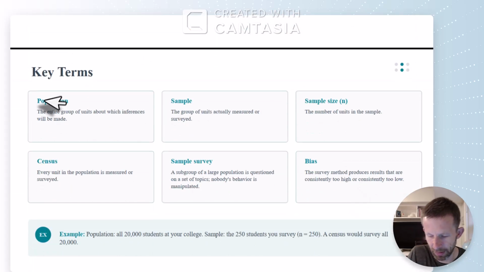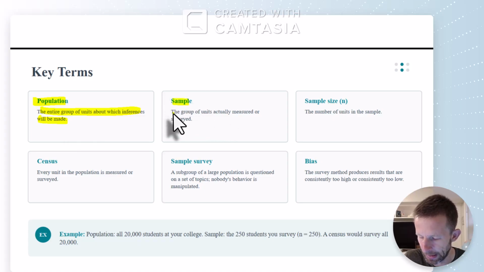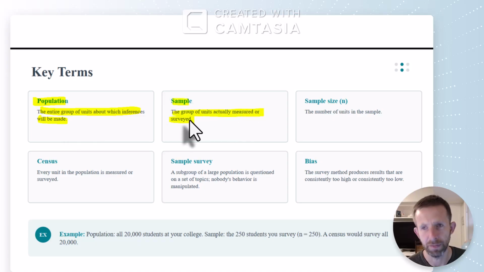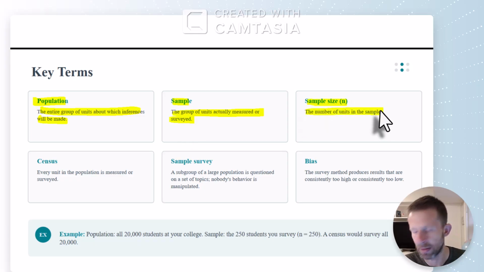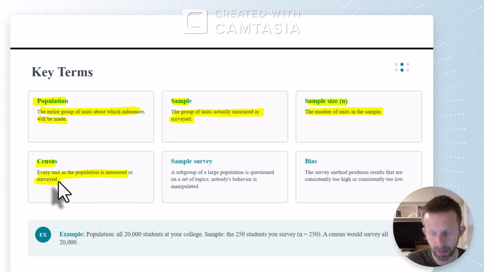Key terms. Population is an entire group of people or an entire group of units. A population could be, for example, a population of trees. It doesn't necessarily have to be people. A sample is a subset of a population. Sample size, denoted by n, is the number of units in our sample. You'll see that a lot. Census is a complete count of a population.